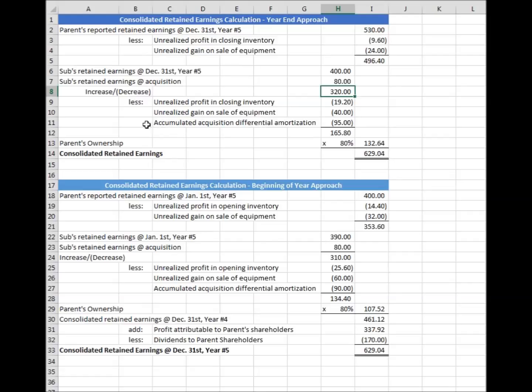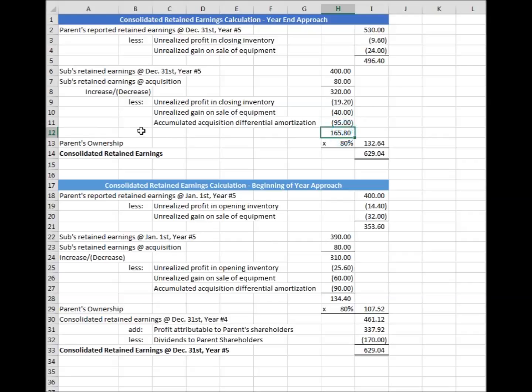And we want to take out the accumulated acquisition differential amortized. And the reason why we want to do this is because in this amount over here, the acquisition differential amortization isn't actually included. So all the acquisition differential amortization that happened between the acquisition till now, we're going to want to take that out because that had already happened, including the one for this year.